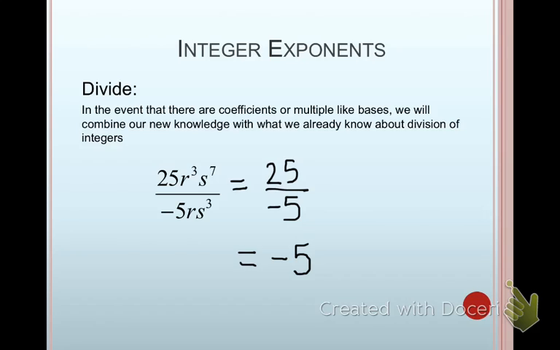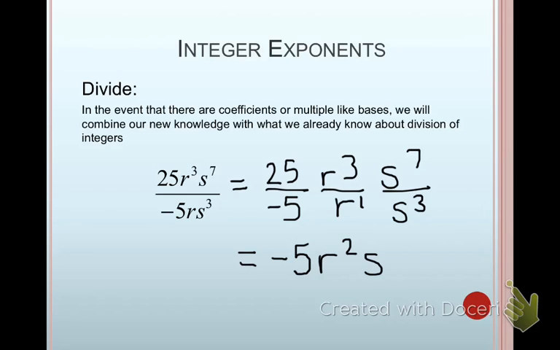R cubed over r is going to give you r squared. Now remember that r has an exponent of 1 technically, and 3 minus 1 would give you 2, r squared. And then we have s to the 7th over s cubed, and 7 minus 3 is 4. So we end up with negative 5 r squared s to the 4th.